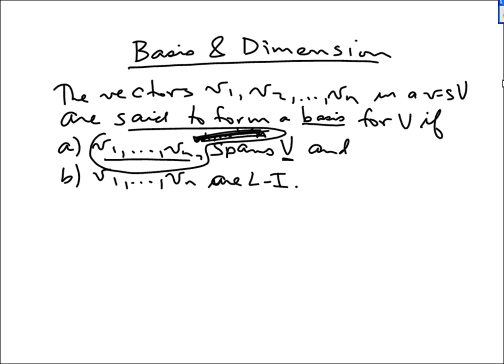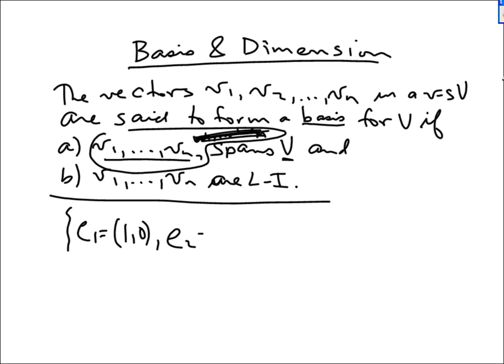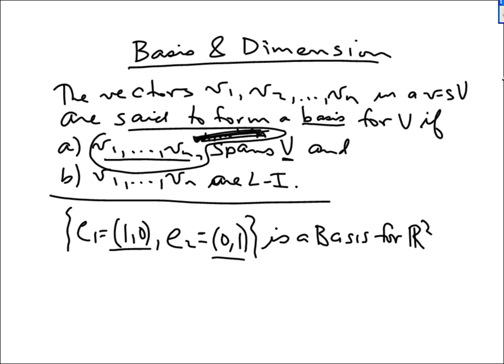So some quick examples. The set of vectors that contains e1, which is (1, 0), and e2, which is (0, 1), is a basis for R2, because the span of these two vectors is R2, and those two vectors are linearly independent.